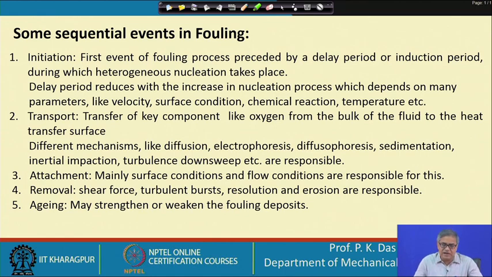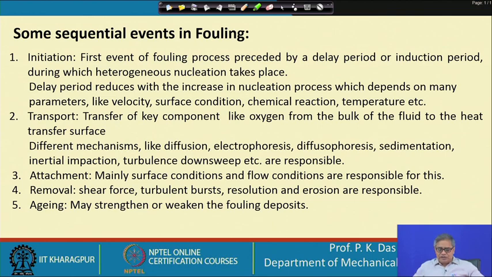Different mechanisms are possible. Diffusion, because of a concentration gradient. Electrophoresis, if there is some sort of electric field; it need not be an imposed electric field, it may be due to the potential difference of different components when an electrolyte is present. Diffusophoresis, where sometimes some material diffuses and then condenses over the solid surface.